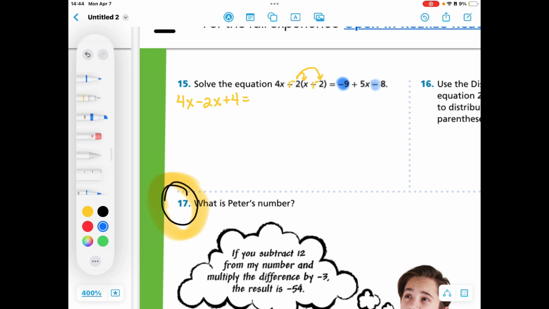I have a negative 9 minus 8, so that would leave me with positive 5x minus 17. You can go ahead and do that on the right side of the equal sign. So from there, combining my like terms on the left-hand side, I get 4x minus 2x, which will just be a 2x, and everything else will stay the same.